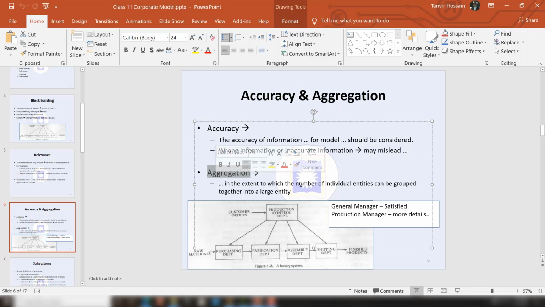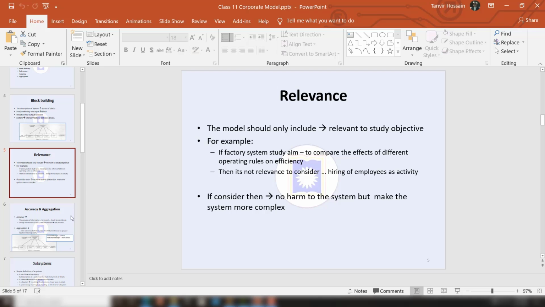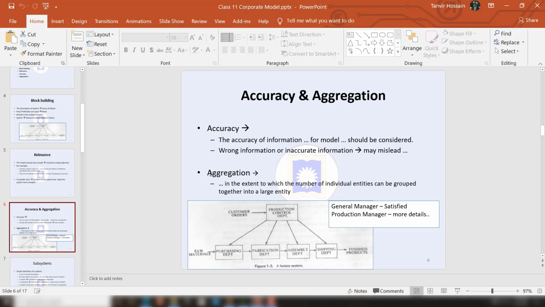Then the final one is aggregation, the extent to which a number of individual entities can be grouped together into a larger entity. This means we have divided or identified all the blocks of a system and we are sure of the relevance, that they are all relevant to our study and all the information is accurate.